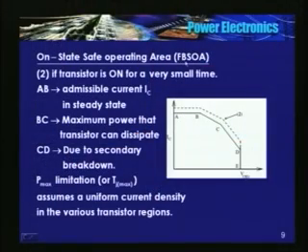Now, how about the safe operating area of the device when it is in forward biased mode, or conduction mode? So it is here. On state safe operating area, or forward biased safe operating area, FBSOA.